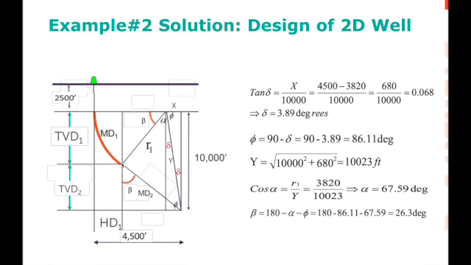And it's just a matter of analyzing the triangle remaining to find the measured depth 2, which is from the end of build-up to our target. So we already have this angle right here. So it's just a matter of analyzing a few triangles to do. So we already solved for the maximum inclination of the well, which is beta angle, approximately 26.3 degrees.